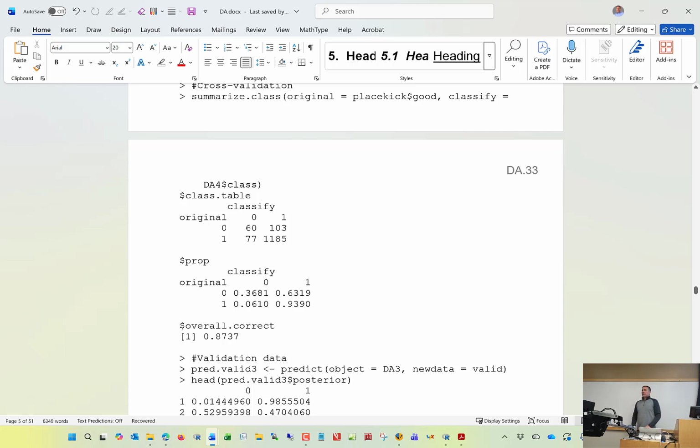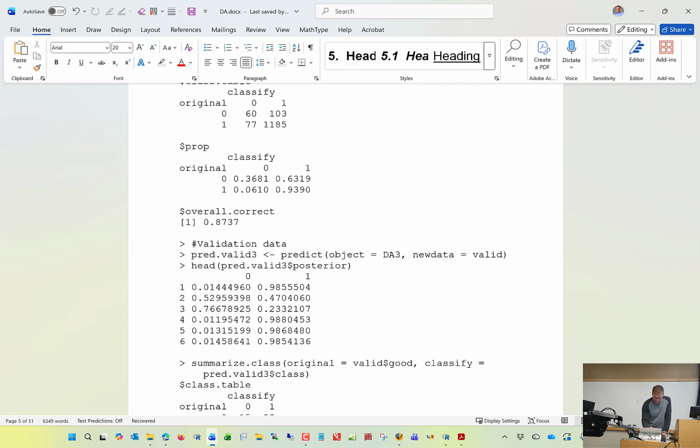Next, let's look at how accurate these predictions are. So I go to my summarize.class function. Original equal my good variable. Classify equal, I'm going to pull out the cross-validation results from DA4. This is what I get. The overall correct classification rate is now 87%.